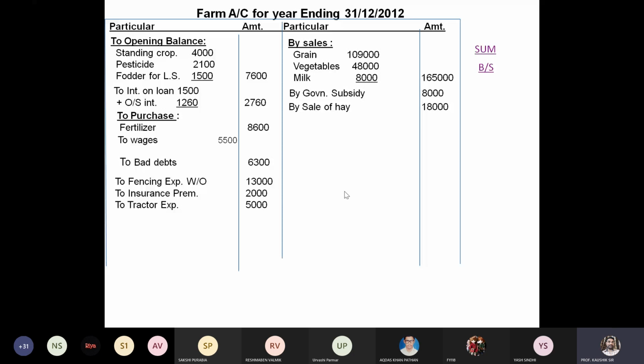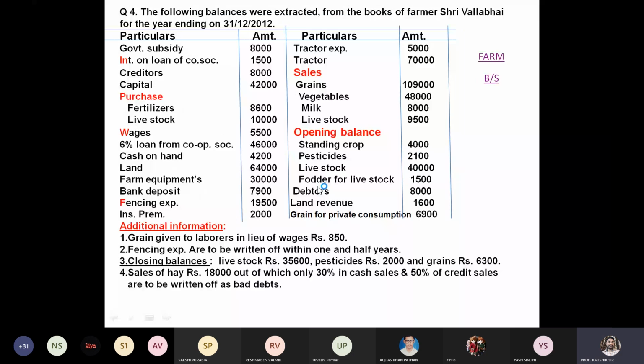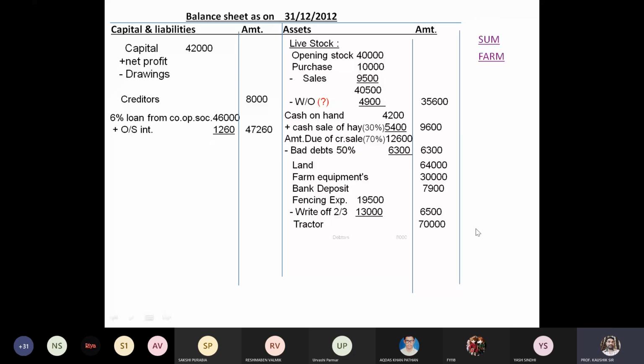Debtors as an asset, it is shown in the balance sheet, and land and revenue as an expenditure 1,600. Take the debtor first. Go to the balance sheet. Debtors 8,000 as a current asset.